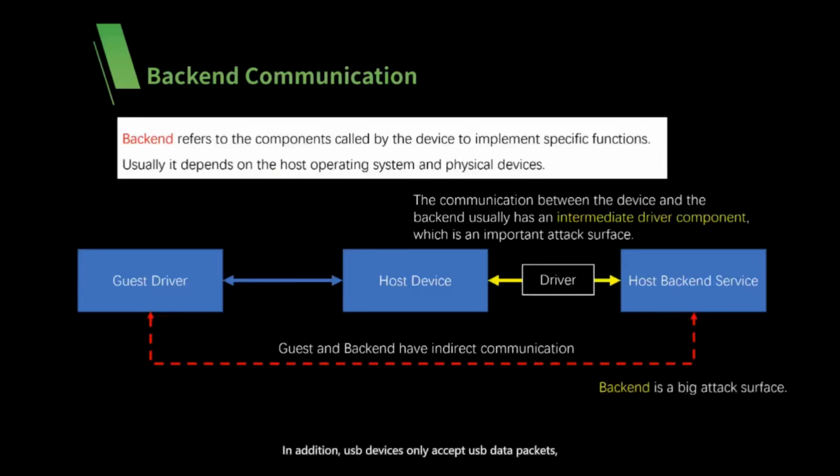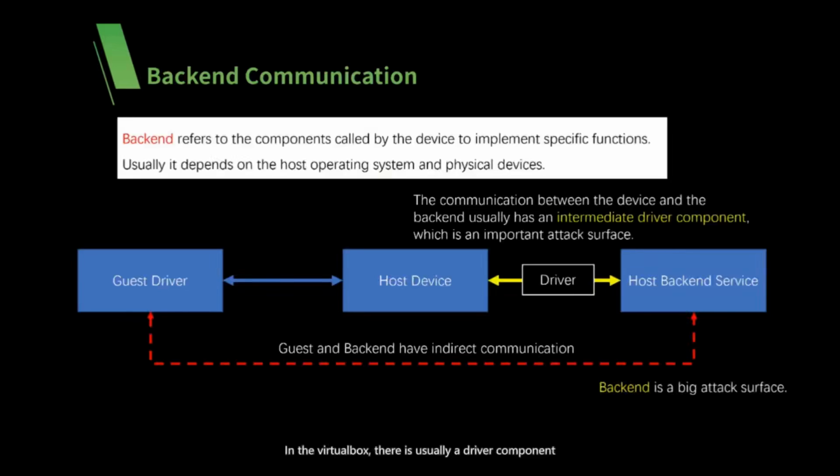In addition, USB devices only accept USB data packets, and the specific functions of USB have to be done by the backend. There are also storage devices which just receive file data. Where to read from and write to also needs the backend to decide.